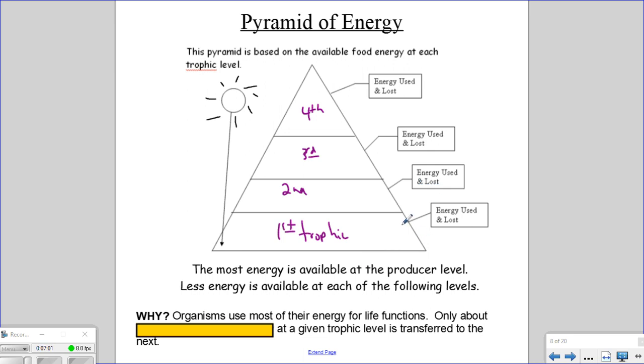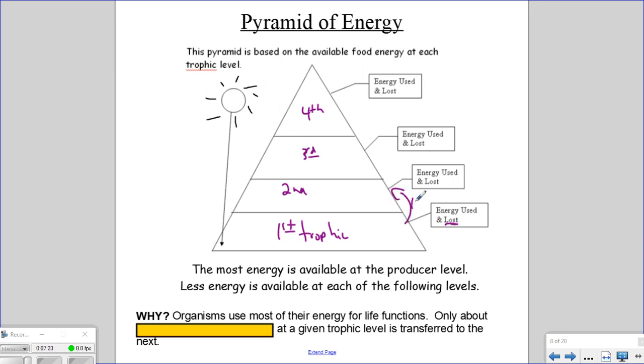So within each trophic level, a lot of that energy gets used or is lost. The majority is actually lost through heat and cellular metabolism. And so a small amount only actually gets passed on.